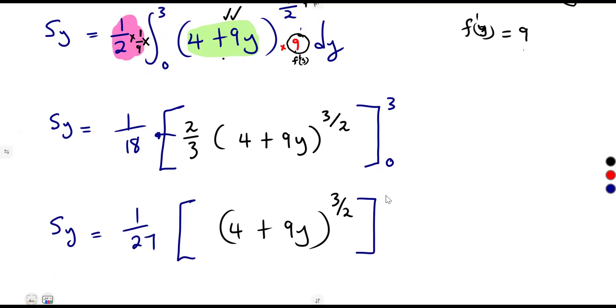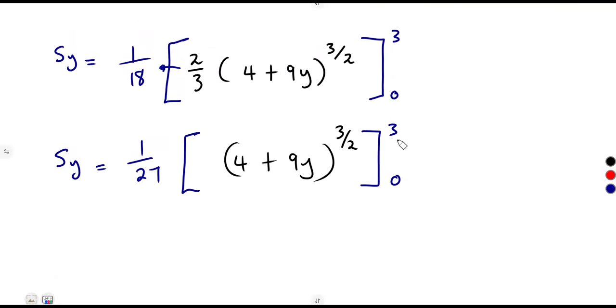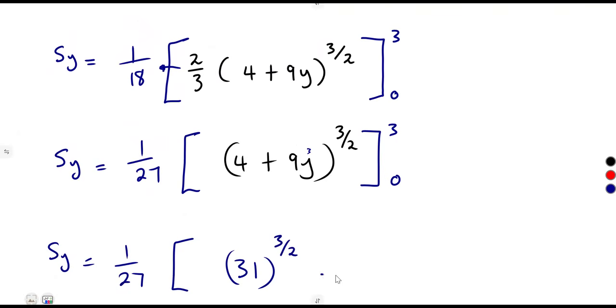Let us use our limits here properly. When y is equal to 3, which is our upper limit, we substitute 3 in place here, so it's going to be 27 plus 4, which is 31 to the exponent of 3 over 2, minus, we substitute a 0 there, so it's 4 plus 0, which is 4 to the exponent of 3 over 2.